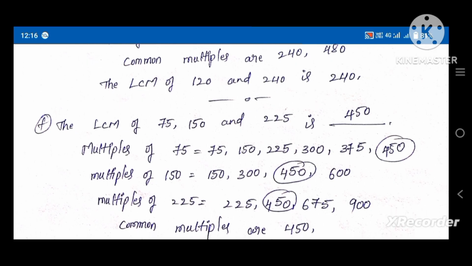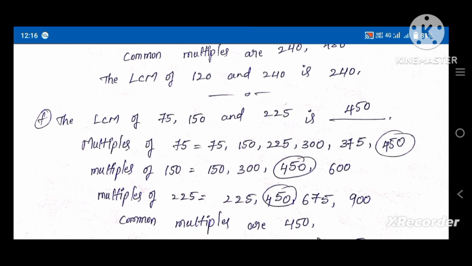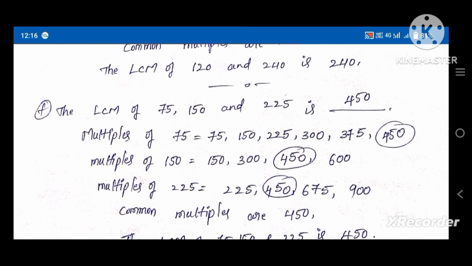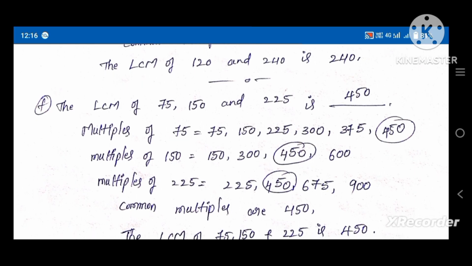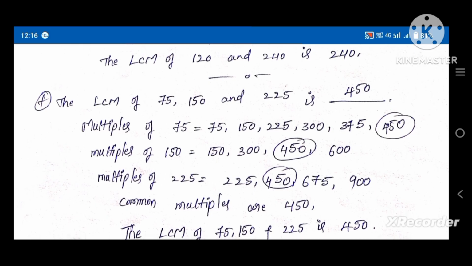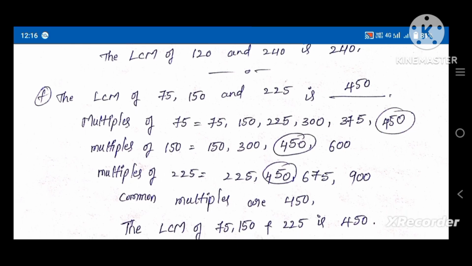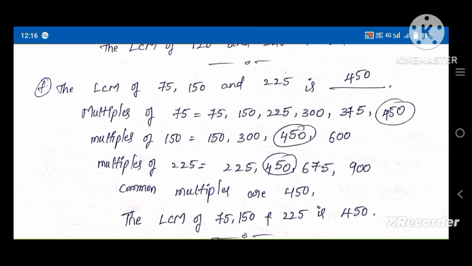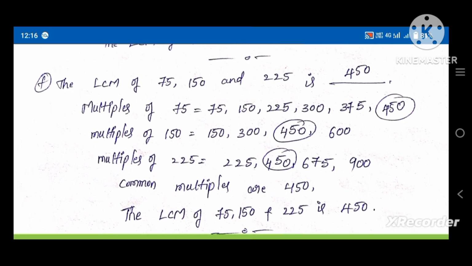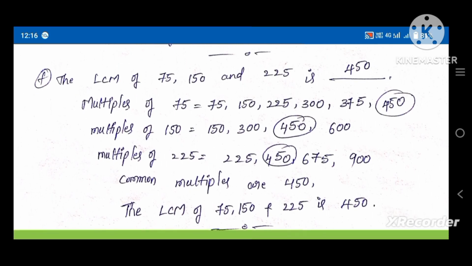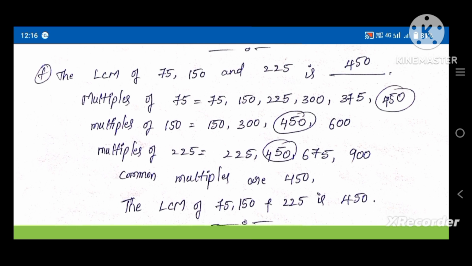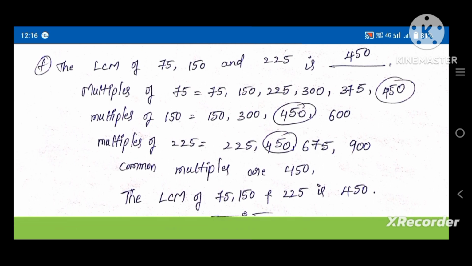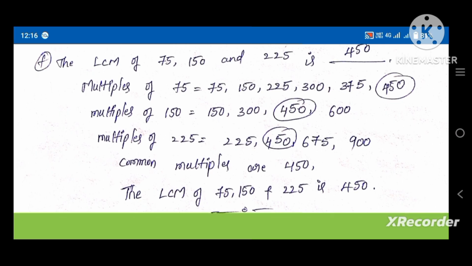Common multiples: 450. The LCM of 75, 150 and 225 is 450.